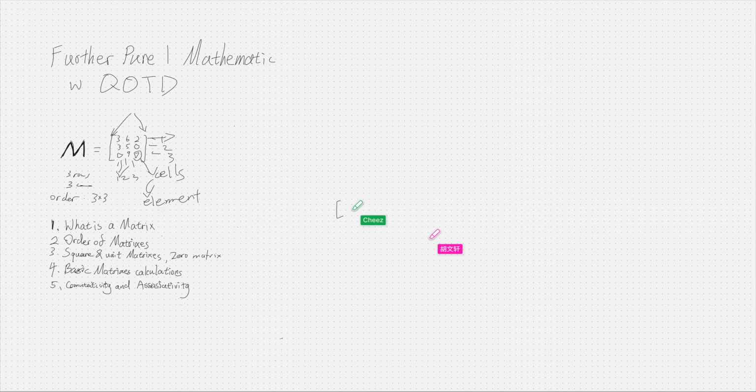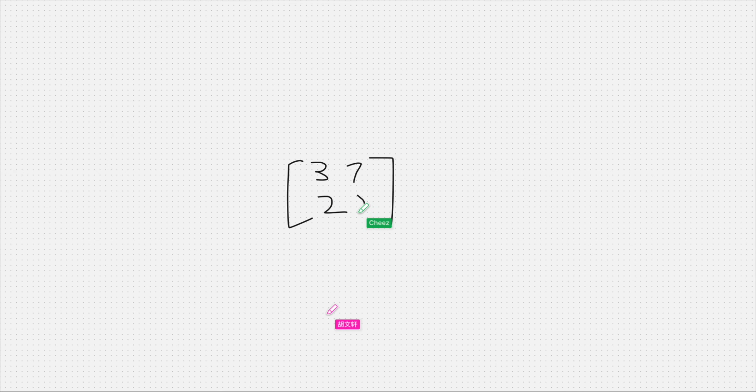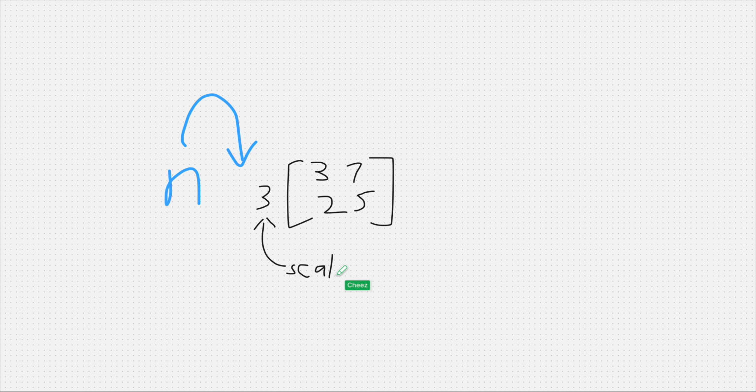For a matrix, let's say 3, 7, 2, 5, you can also multiply it by a scalar, which is just a number in front that scales things.